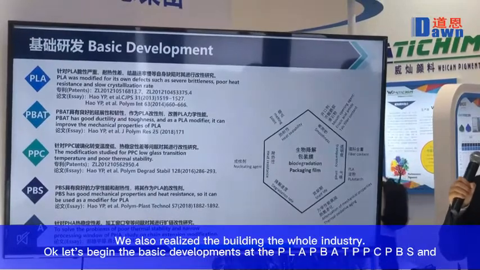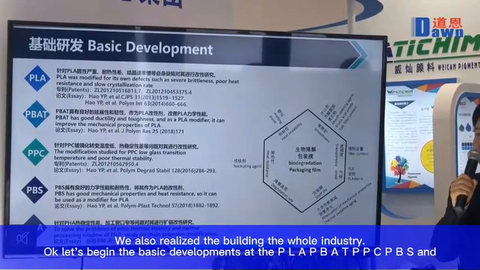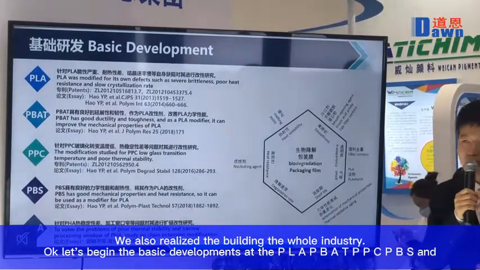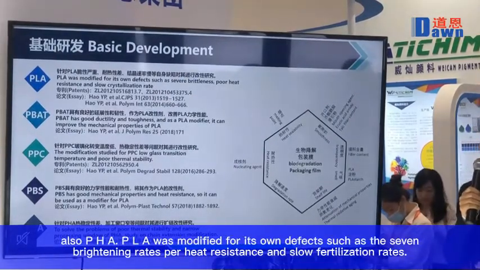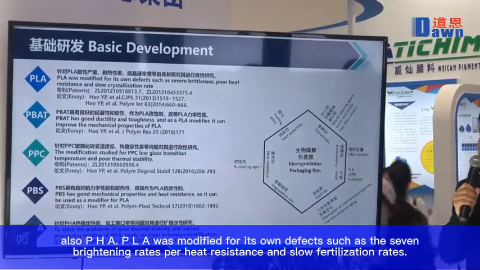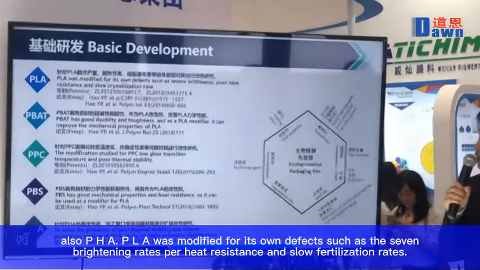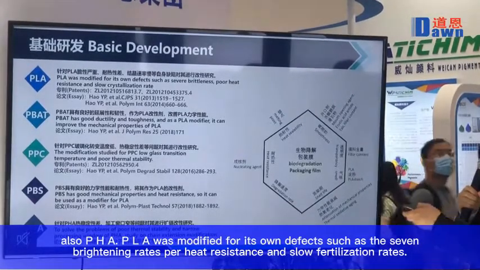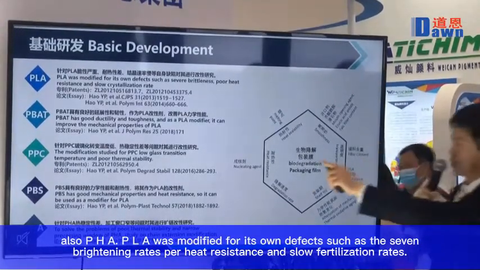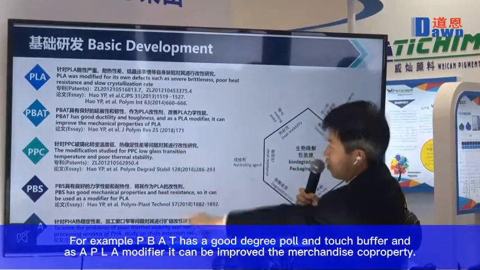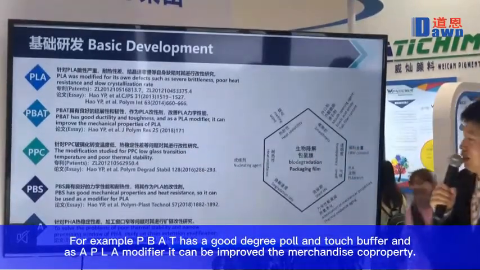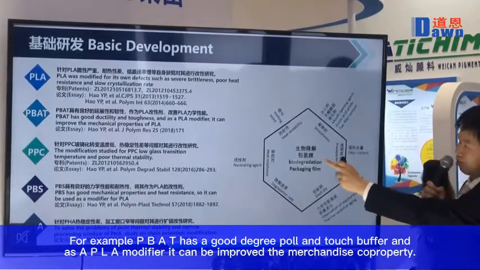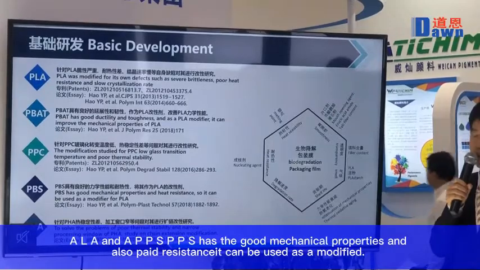Okay, let's begin with the basic materials. They are PLA, PBAT, PBC, PBS, and PHA. PLA was modified for its own defects such as brittleness, poor heat resistance, and slow crystallization rate. For example, PBAT has good ductility and toughness, and as a PLA modifier, it can improve the mechanical properties of PLA.